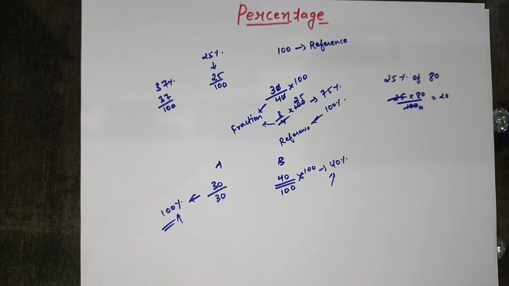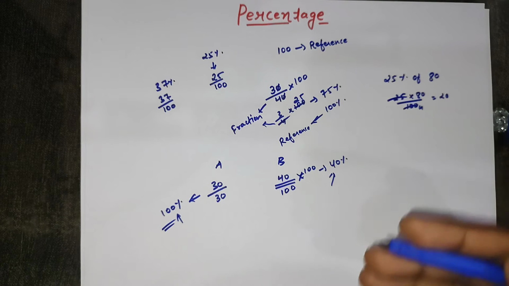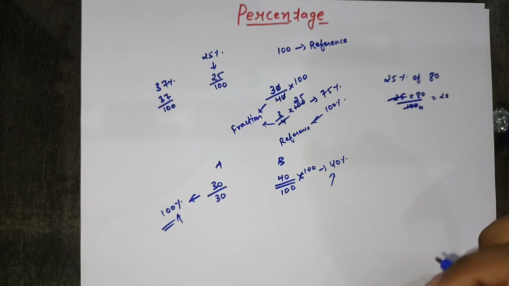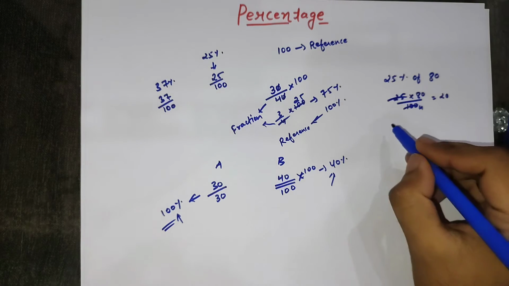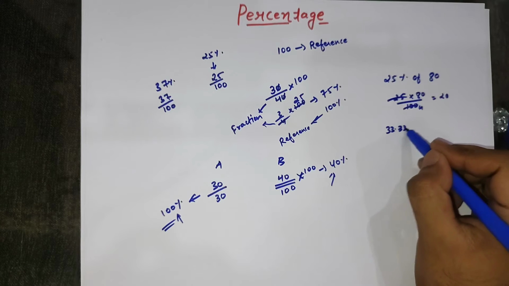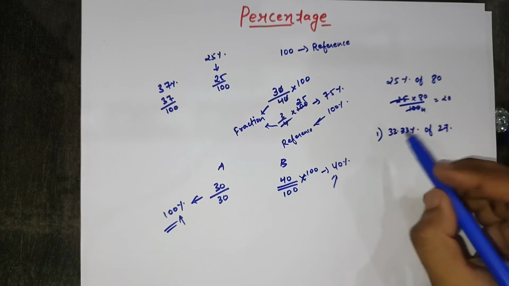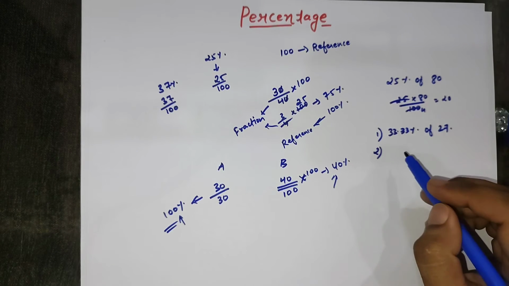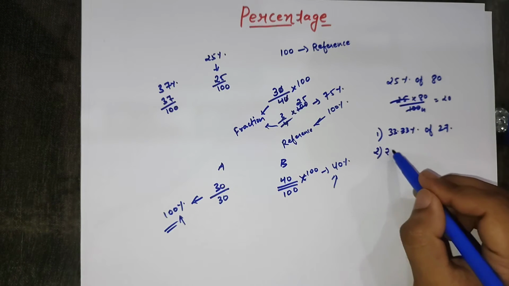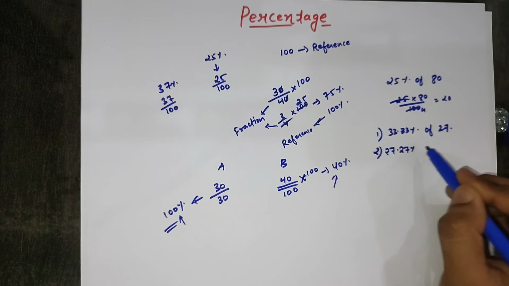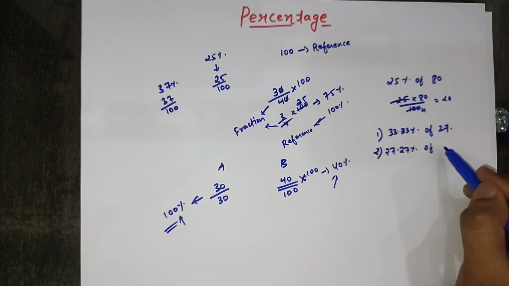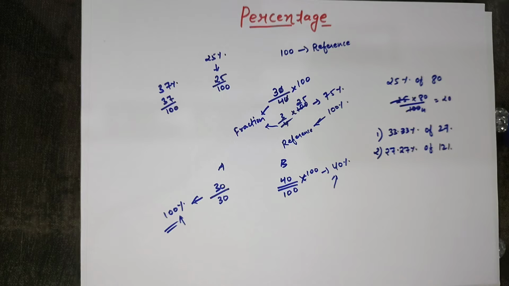So if I go deeper into this section, and if I ask you what is 33.33% of 27, or what is 27.27% of 121, right?